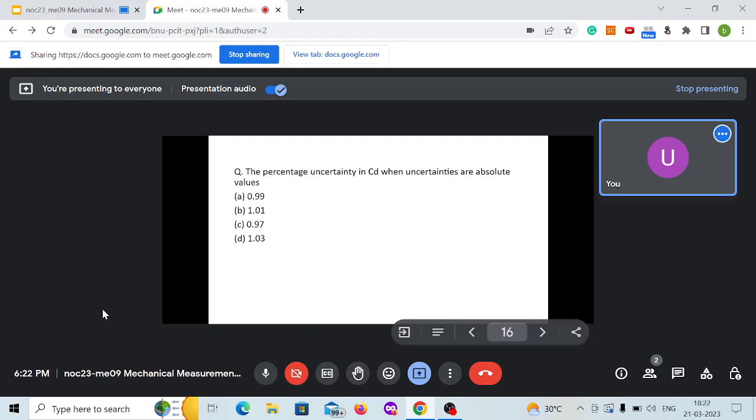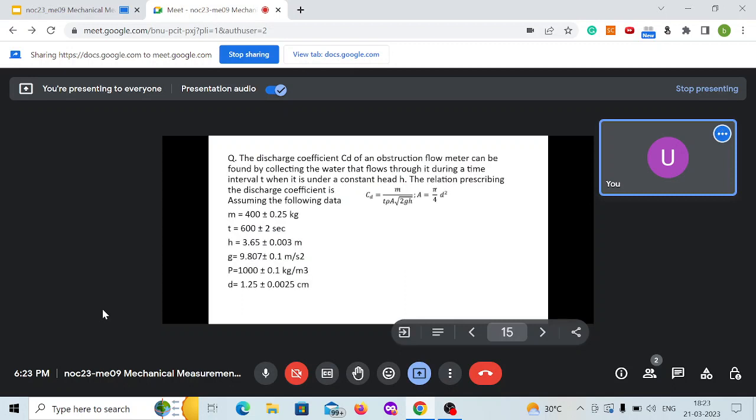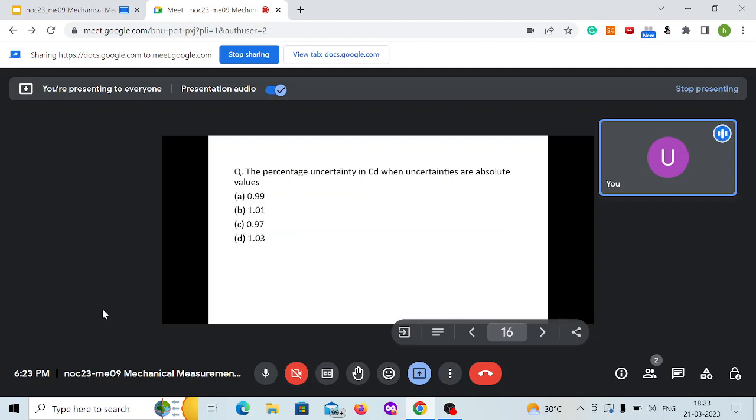The question is, you have to find the percentage uncertainty in CD when the uncertainties are in absolute values. You have values all given. The options are A 0.99, B 1.01, C 0.97, and D 1.03.